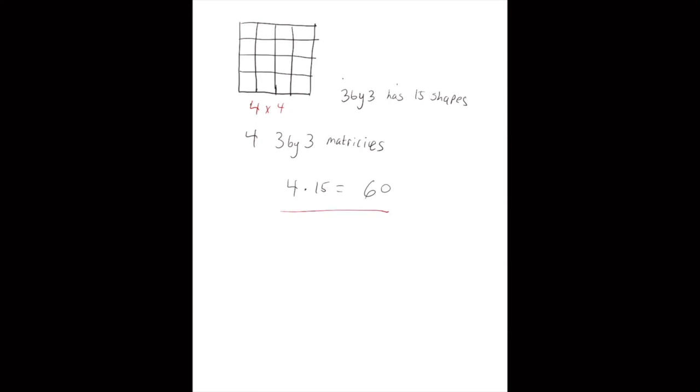Well, now we need to start counting how many shapes we are looking at here that we haven't already counted. For example, we've counted this shape already because that shape showed up in our 3 by 3. We also counted a shape like this because we saw that back in our 2 by 2. So the types of shapes we're going to be looking for are something that we haven't seen before. We haven't seen this shape.